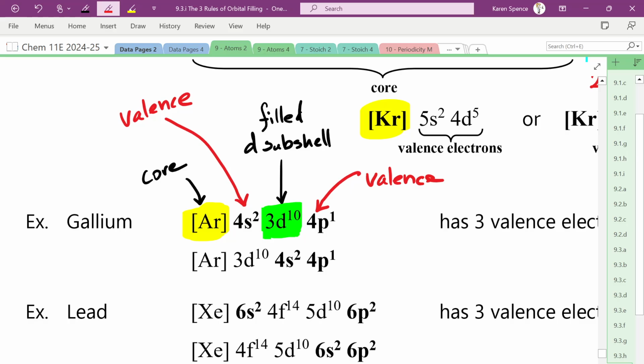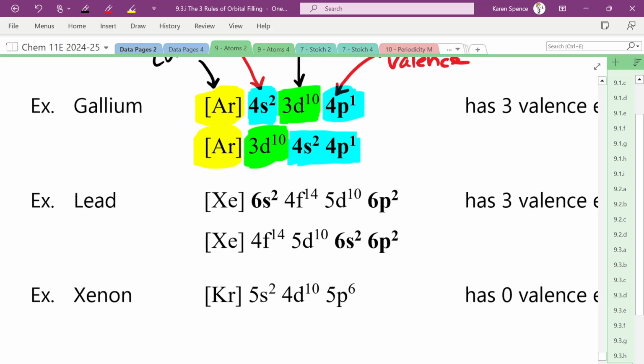And this is where writing in terms of n value does give you a better picture of who your valence electrons are. Because here my valence electrons are split apart when I write it in order of filling. When I write it in order of n value, my valence electrons are together. So we have our core, we have our filled d subshell, and then we have our valence. Yes? So, can those 3d electrons be involved in bonding? No. Only the 4s and the 4p.